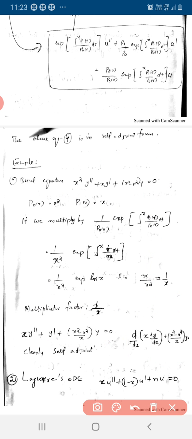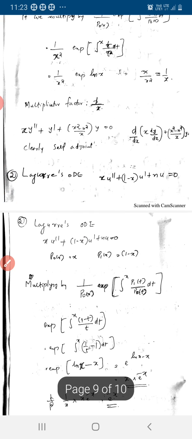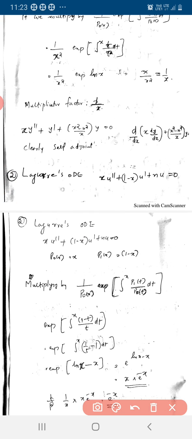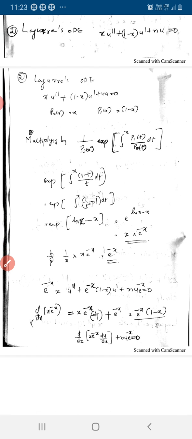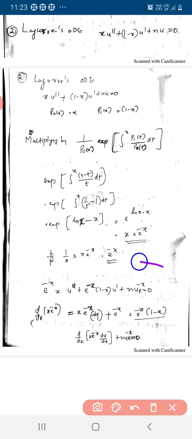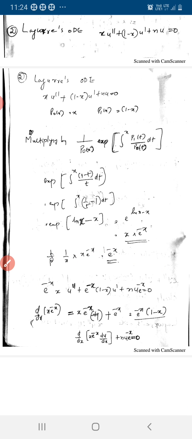And we can do this for Laguerre. Laguerre is not self-adjoint, and we do the same thing, and we see the term that we have to multiply is x e to the power minus x. If I multiply with x e to the power minus x, I can obtain the self-adjoint form of the Laguerre equation.